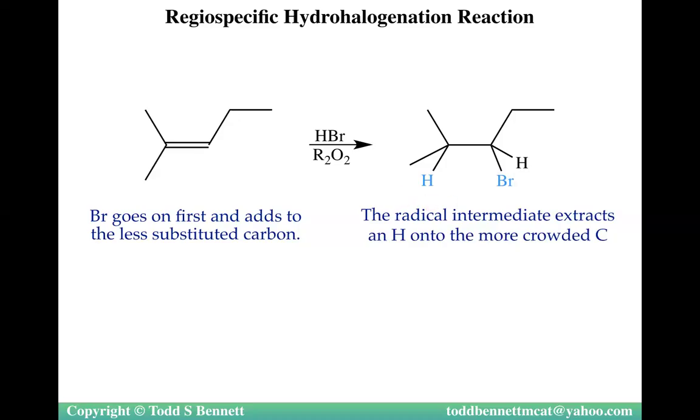So just to note what a radical is. Bromine, as an ion, we normally think of it as Br negative. When you don't have a full octet, you just have 7, it's known as a radical. So this is bromine radical.